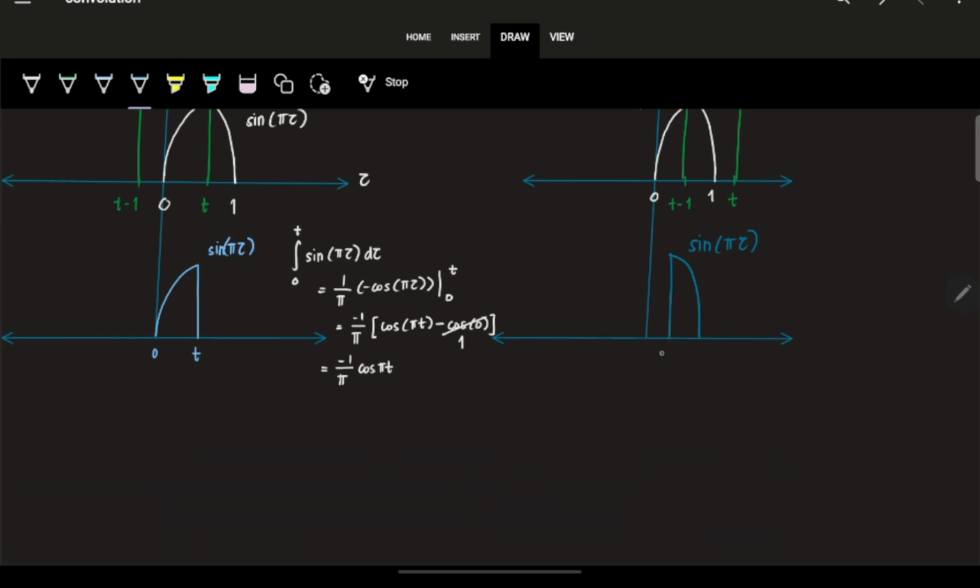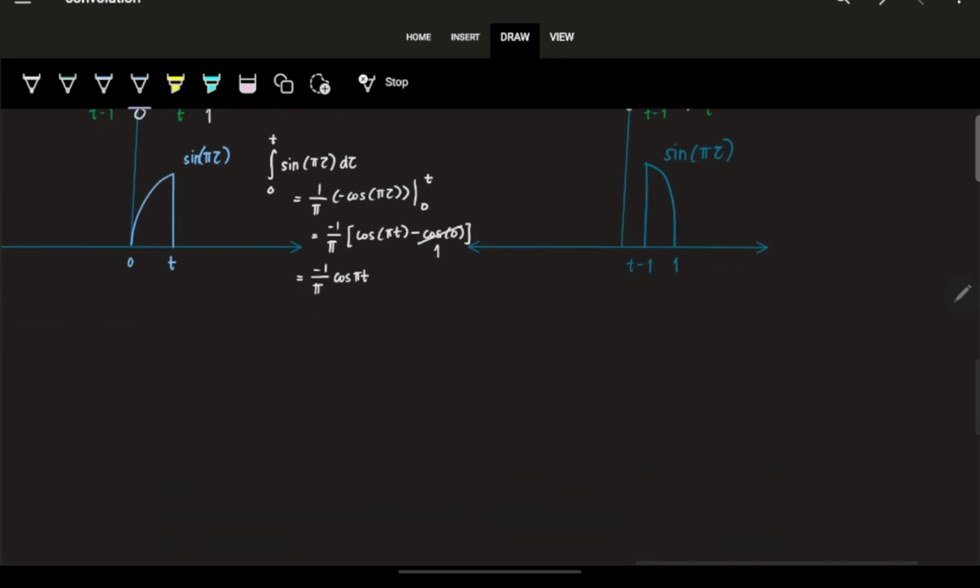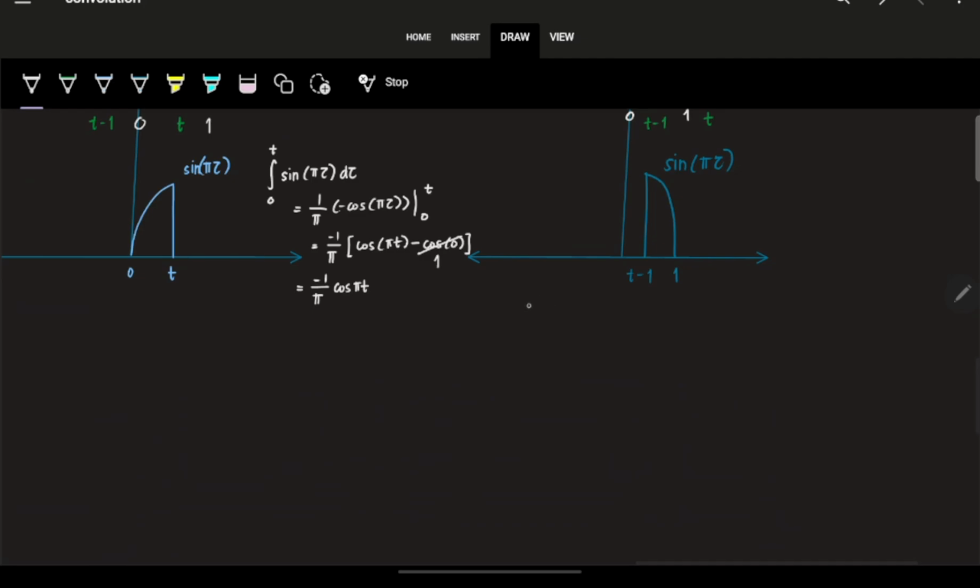However, the boundaries are between t minus 1 and positive 1. Okay, so dyan ngayon papasok yung integral natin. So we have here the integral from t minus 1 to 1 of sine pi of tau d tau. Okay, so that's how we get the area.